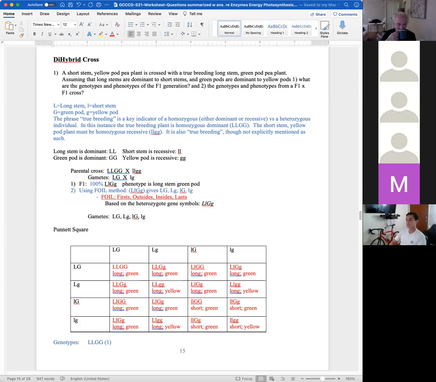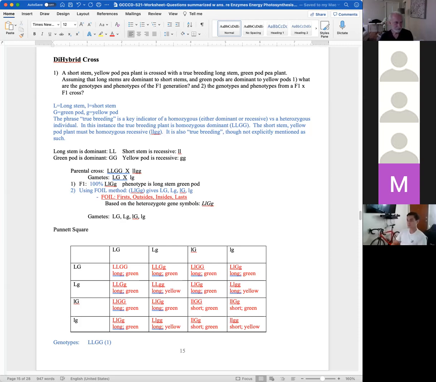So we're looking at two traits, one being stem length and one being the color of the pea pod. Next we've got to figure out what kind of dominance we're dealing with. This says long stems are dominant to short stems. Green pods are dominant to yellow pods, so we know we're talking about complete dominance.